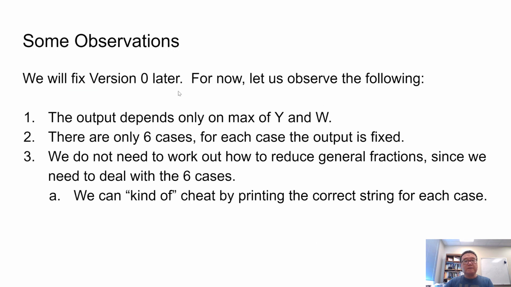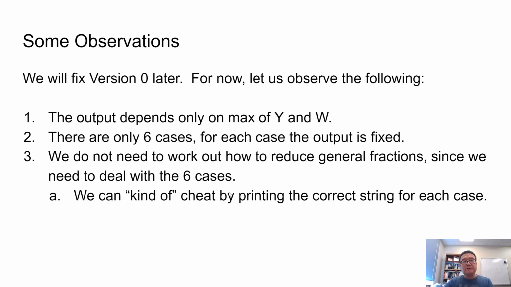So first we make some observations. The output depends only on the max of these two values. And more importantly, there are really only 6 possibilities. So the program can at most output 6 different things, and we can figure out what those 6 things are. So we can just hard code those 6 things and then output them when appropriate.